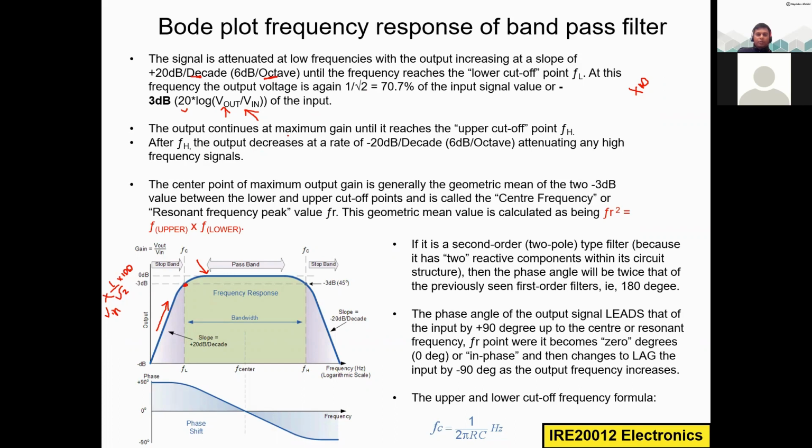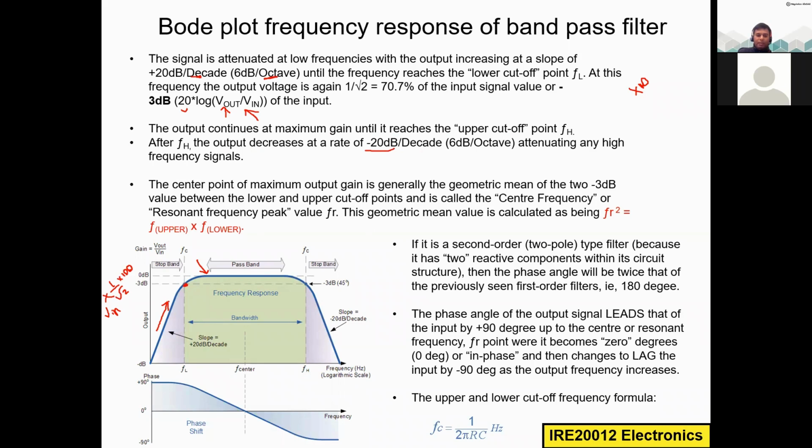The output is still continuing at maximum gain until it reaches the upper cutoff point, or upper cutoff frequency. So this will travel flatly like this until it reaches this higher cutoff frequency. After this FH, the output will start to decrease, and that is going to be minus 20 dB per decade.